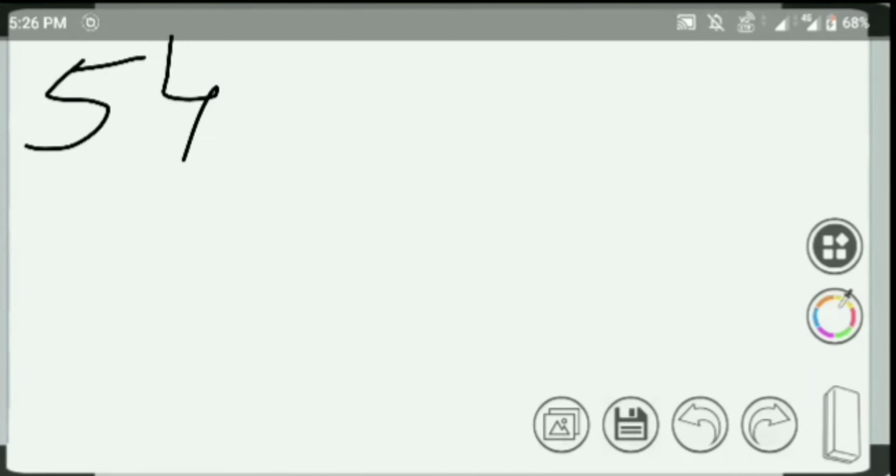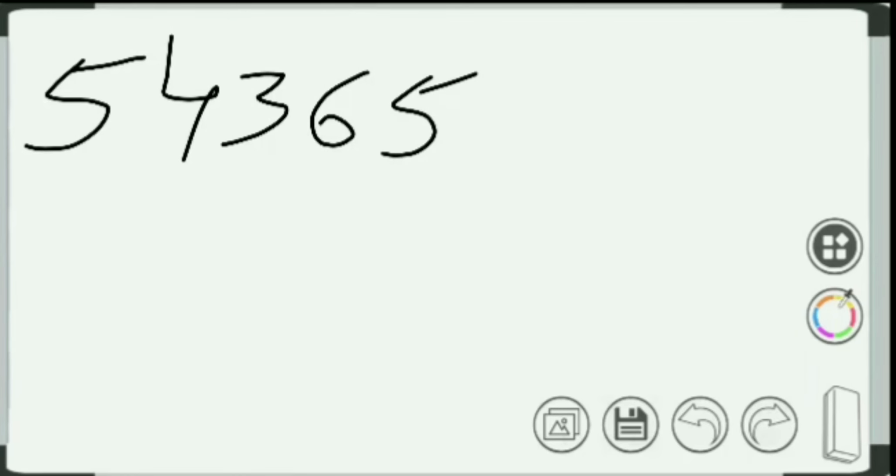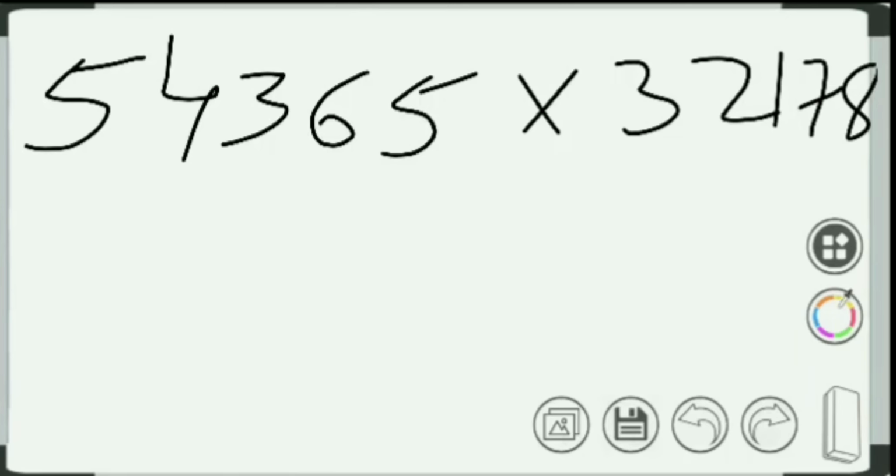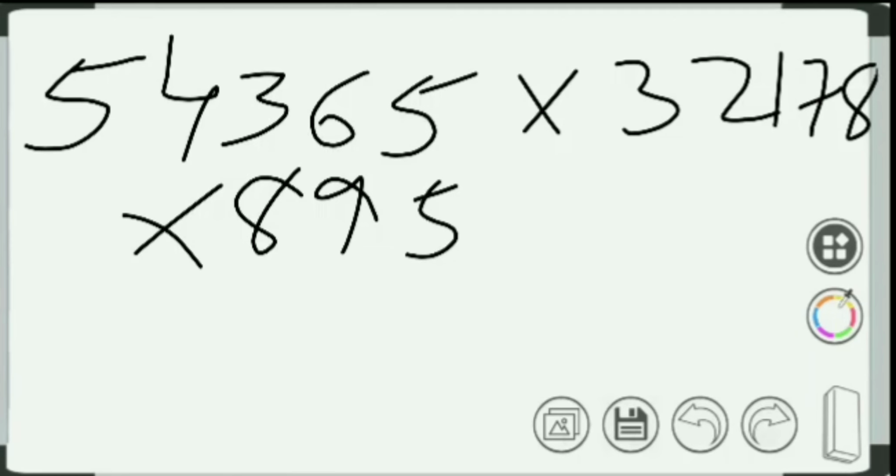Next, we want to calculate the remainder when 54365 into 32178 into 89 into 531 is divided by 25.